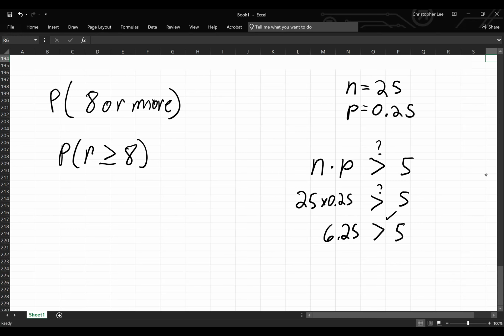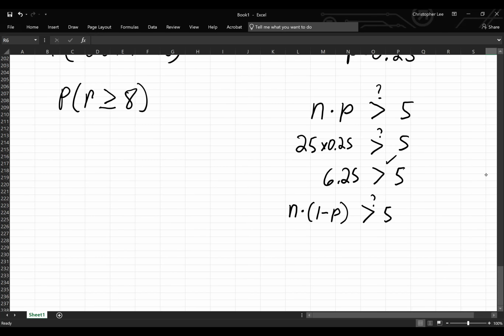Next thing I want to verify is n times q, which remember q is 1 minus p. Is that greater than 5? I don't know if it is. Let's check it out. So this would be 25 times 1 minus 0.25.